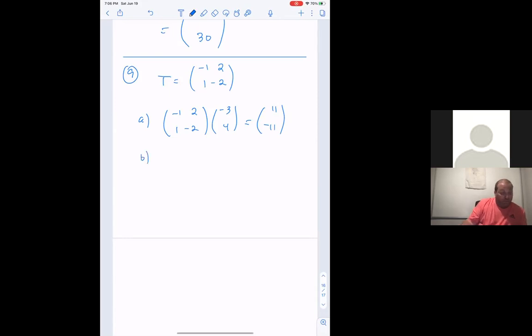And then B, find the coordinate of the point having an image of -12, 12. So -1, 2, 1, -2, acting on what gives me -12, 12. So same thing. The inverse is what we need. What's the inverse? Flip those, negate those, divide by the determinant. This one does not have an inverse.